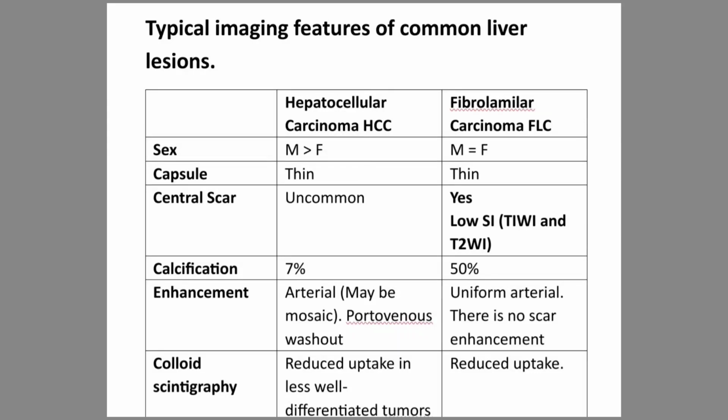But on contrast enhanced CT, there will be no scar enhancement in fibrolamellar carcinoma, while there will be contrast enhancement in the focal nodular hyperplasia, which is a benign lesion.